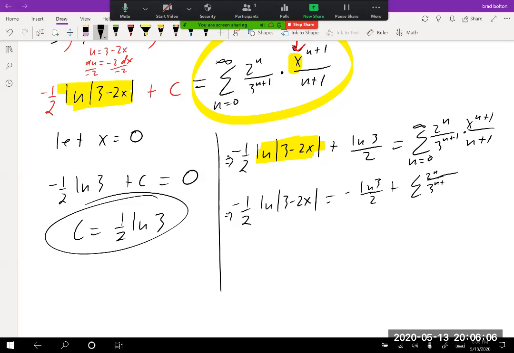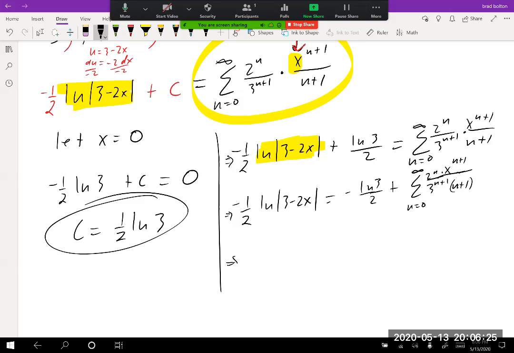I guess I could write it like this, x to the n plus 1 times n plus 1. I could do that as well. So that's still fine. Now we have to multiply everything by -2 because we got to make the 1/2 go away.